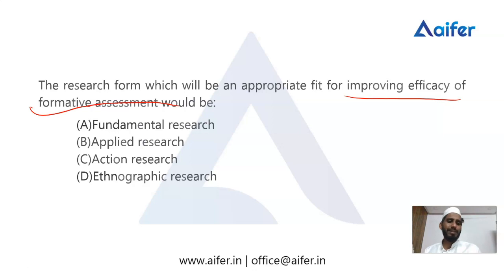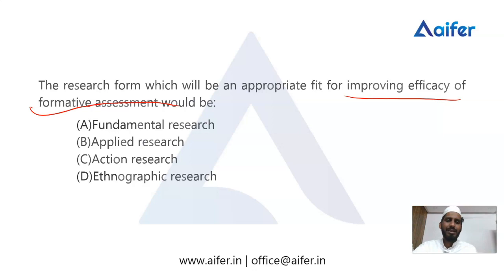Then what is applied research? Applied research is the application level of fundamental research. There would be many theories and many fundamental researches. Based on those fundamental researches, a researcher conducts the application level of the fundamental research.